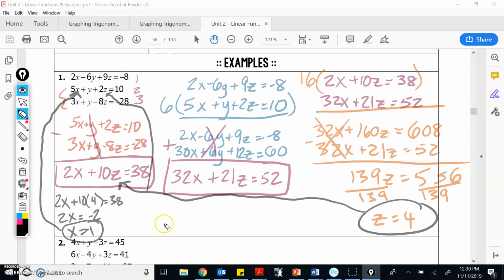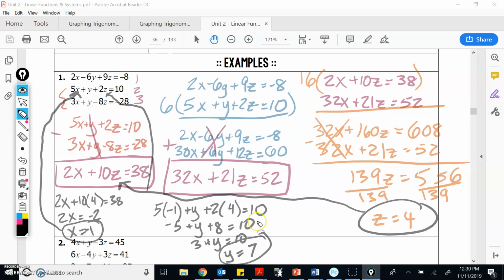So then we can solve for y. I'm going to do that here. 5 times negative 1 plus y plus 2 times 4 equals 10. Continuing to solve for y, we get y to be 7.